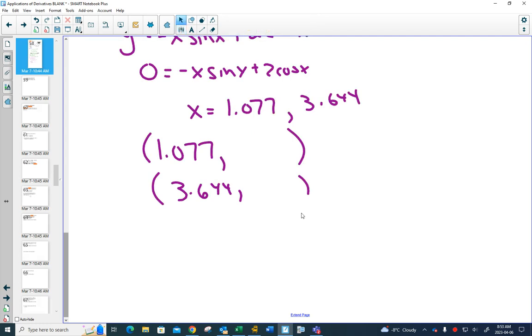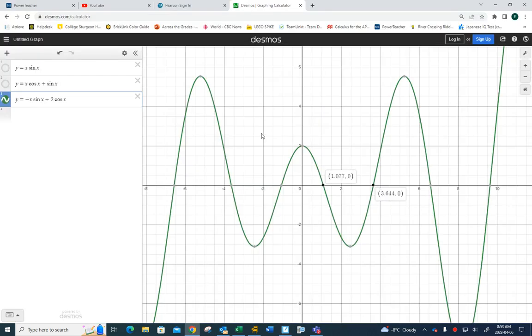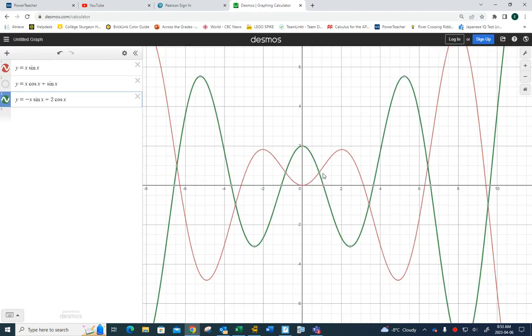We would have to plug those in to our original equation here and find out where they are equal.